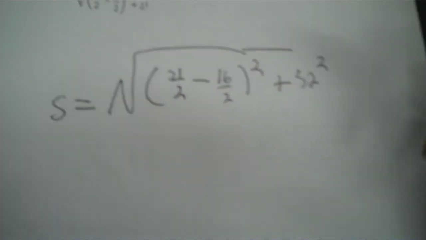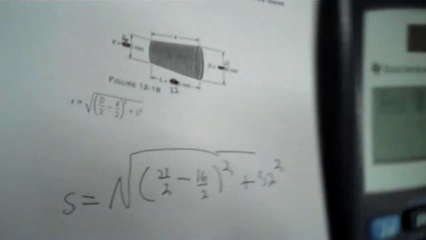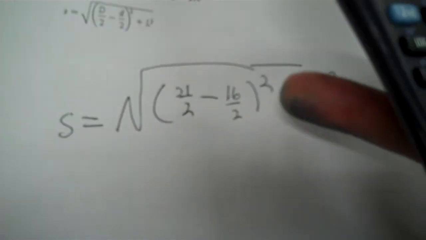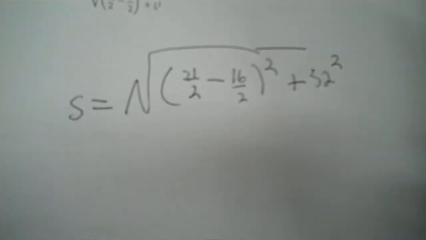Now you could plug that all in, but one thing, okay, you go second square root. The one parentheses comes up on its own, but you need to then put a second one to do just this part. 21 divided by 2 minus 16 divided by 2, close it, second power, okay? And then plus 32 to the second, and then close the final parentheses because the square root ends.